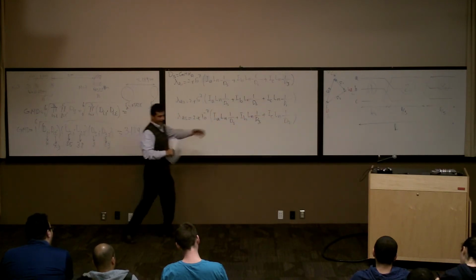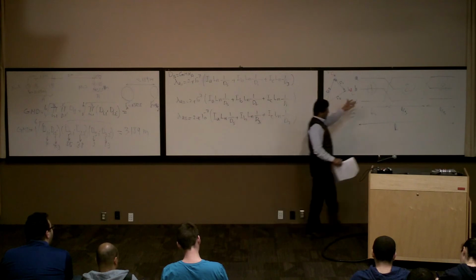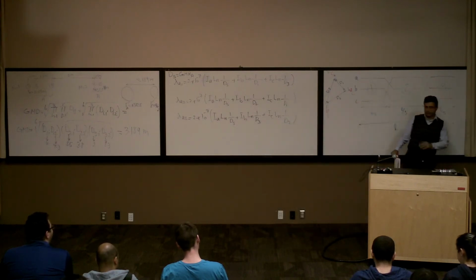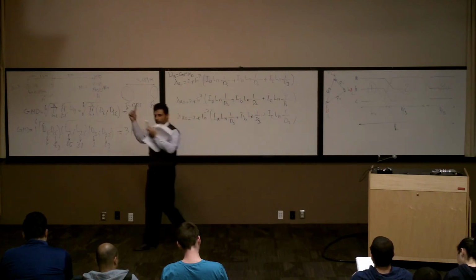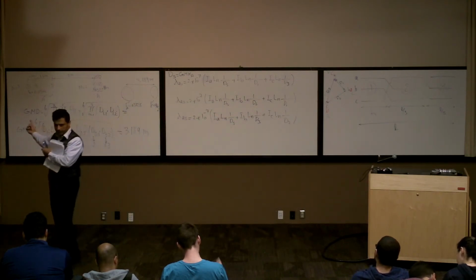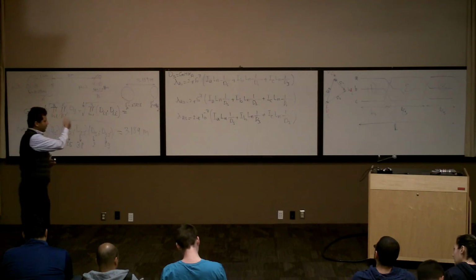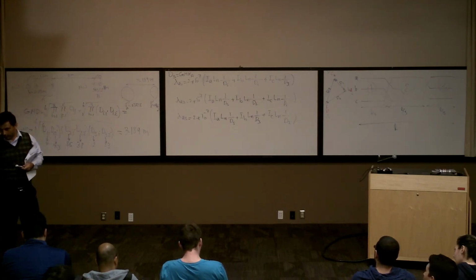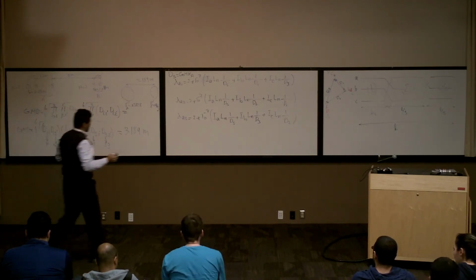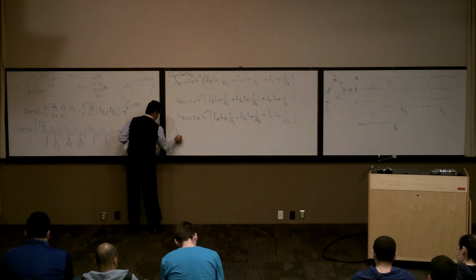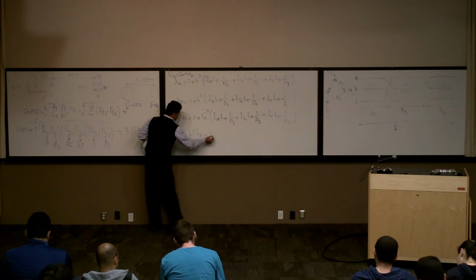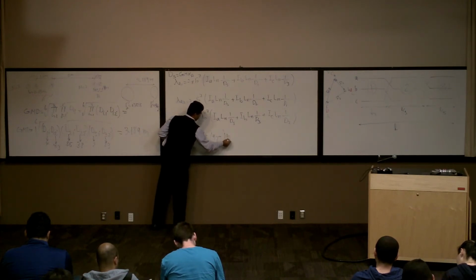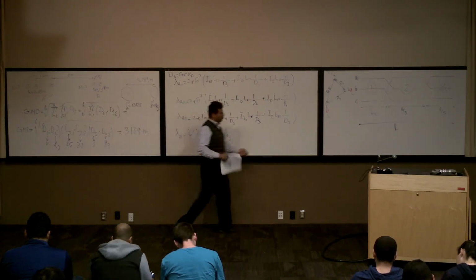So I calculated lambda A for here, and for here. So how much is the lambda A total? That one is for L over 3, that one is for L over 3, that one is for L over 3. So lambda A is going to be 1/3 of this, 1/3 of that, 1/3 of that, right? So lambda A is going to be 1 over 3 times lambda A1 plus lambda A2 plus lambda A3. So why am I using 1 over 3?